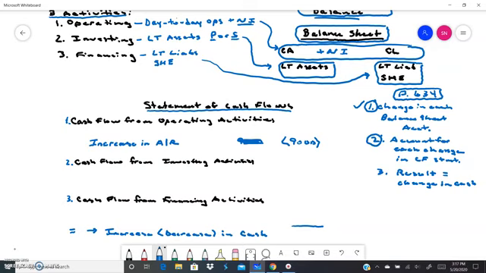So that at the bottom, when we're finally done, if you look at number 3 here, the result of this, our increase or decrease in cash, in this case, if you look at the change in cash on the balance sheet, we should end up with a $71,500 increase in cash. And that only makes sense because if we've accounted for all the changes except for cash, the arithmetic sum of all those differences except cash, given that our balance sheet's in balance, must equal the change in cash.